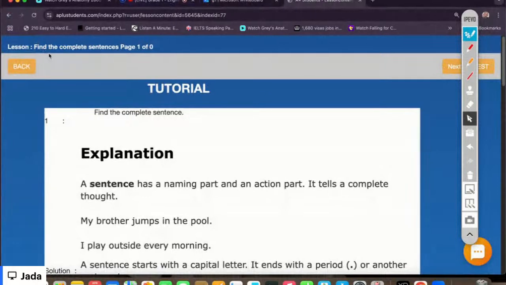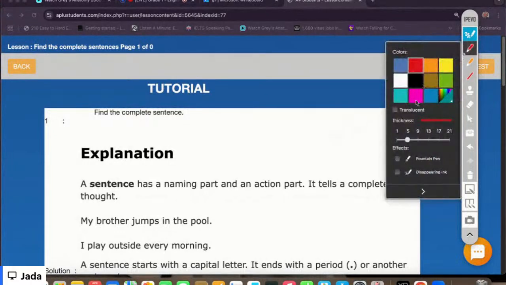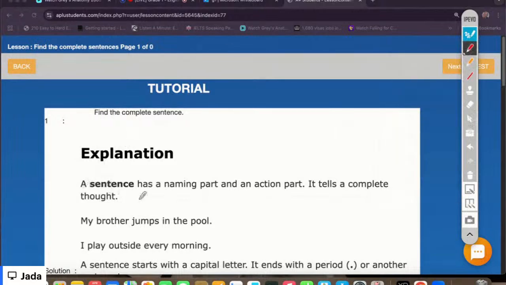A sentence has a naming part and an action part, okay? So whenever you hear sentence, it has a naming part and an action part, okay? So that is what a sentence is.